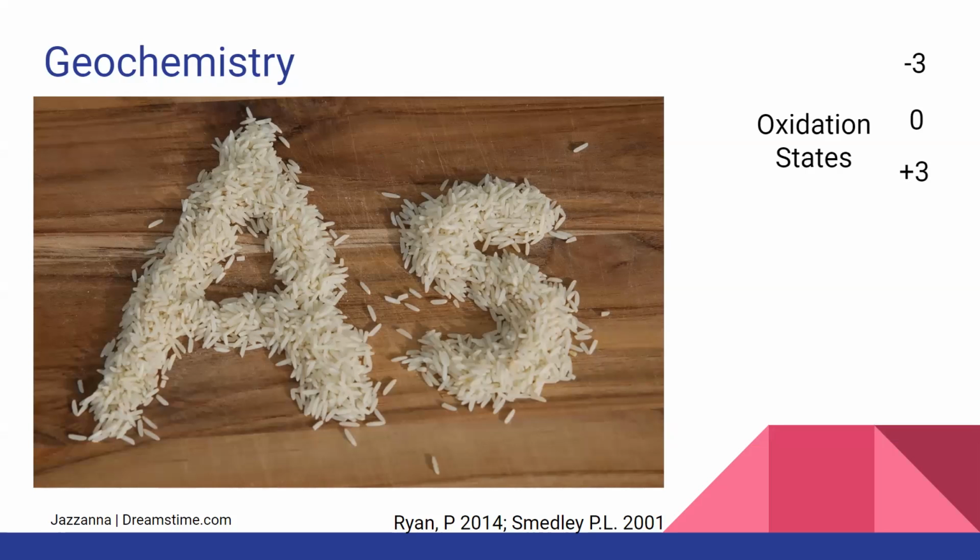The oxidation states can occur as -3, which is common in arsine gas, stemming from reducing environments. It can be uncharged, which is generally uncommon, +3, which is known as arsenite, and +5, arsenate.